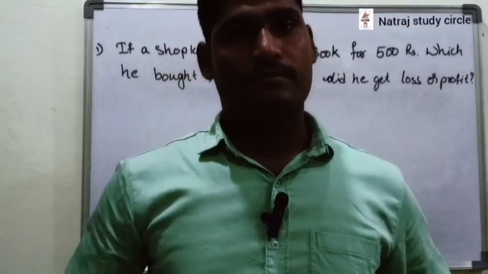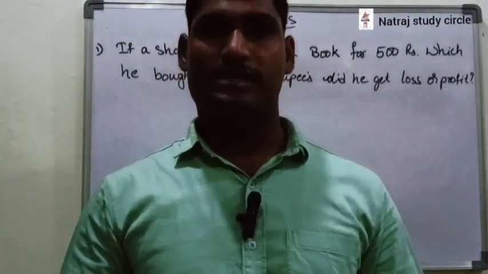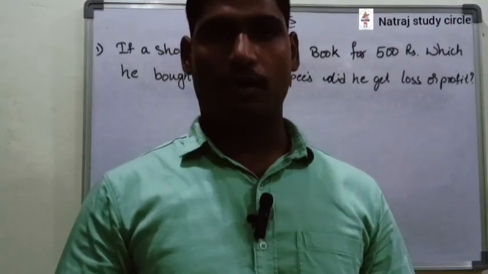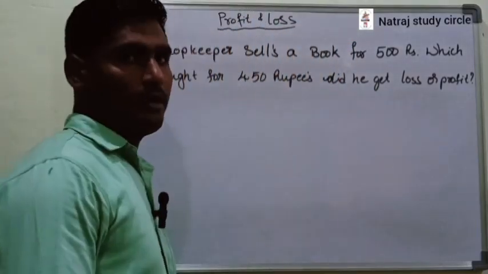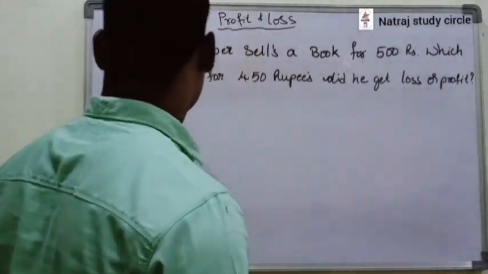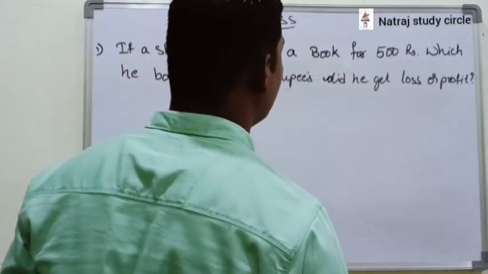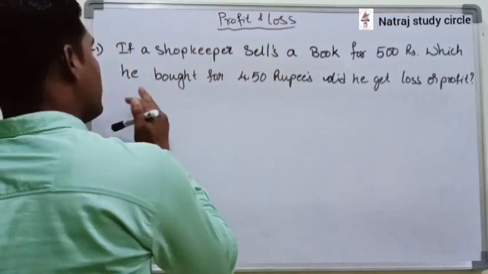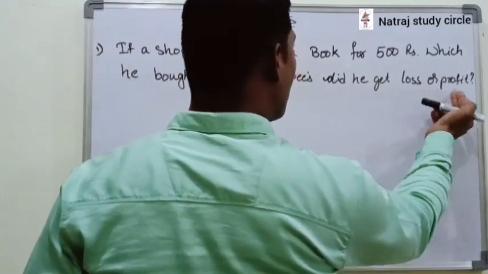So here, we have seen how to know if it is a profit or a loss. Now let's do a problem. The first problem: if a shopkeeper sells a book for 500 rupees, which he bought for 450 rupees, did he get a loss or profit?